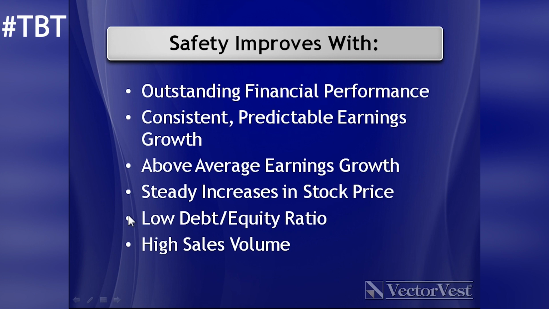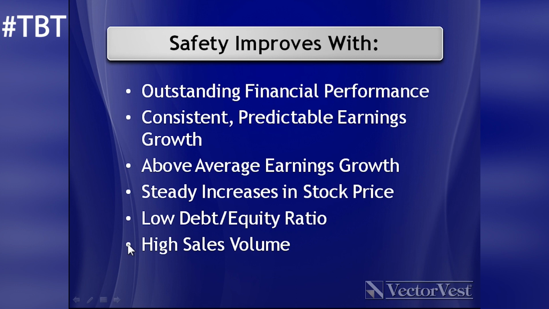And high sales volume might be the one that needs the most explanation, although it won't take long. Why do you think we would look for high sales volume? Well, when we talk safety, I want everybody here to remember a fairly recent situation with a company called Merck. Everybody's heard of Merck, right? Anybody ever heard of a drug called Vioxx?